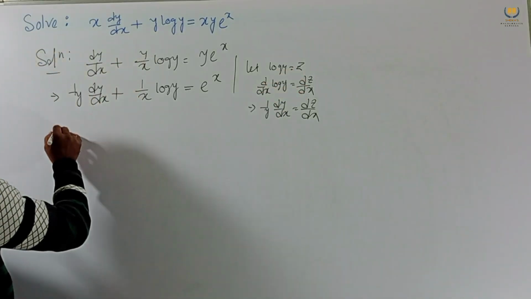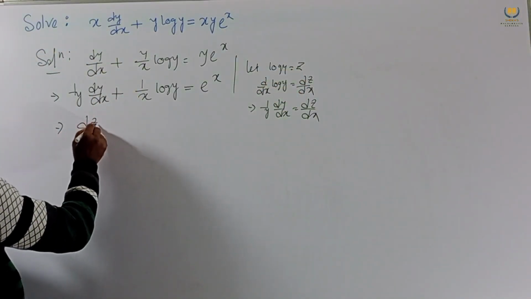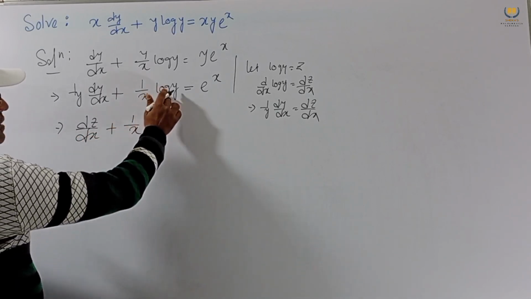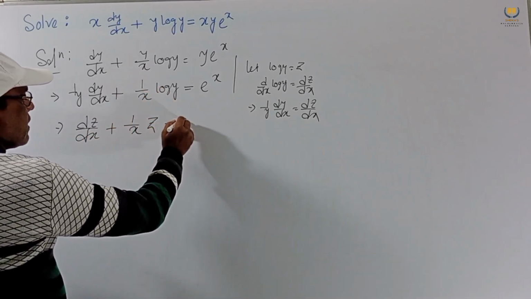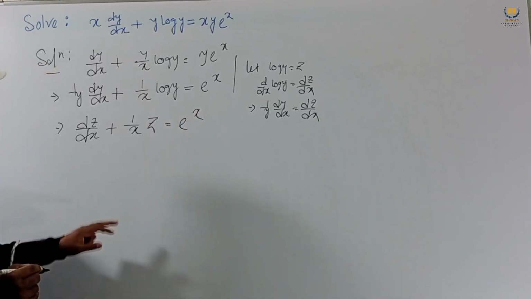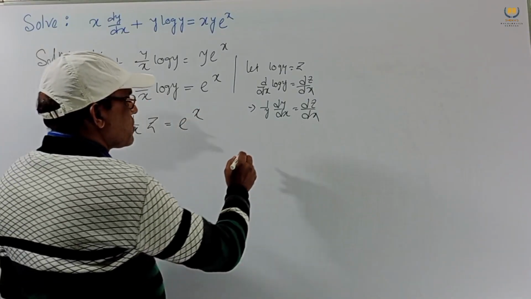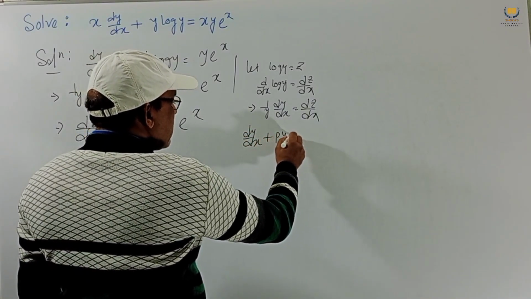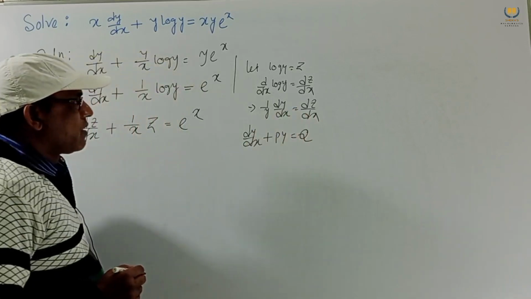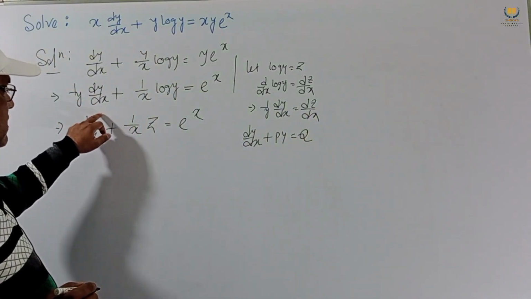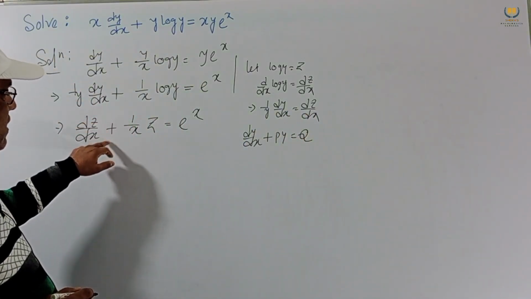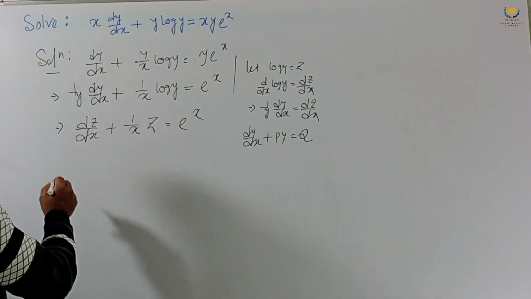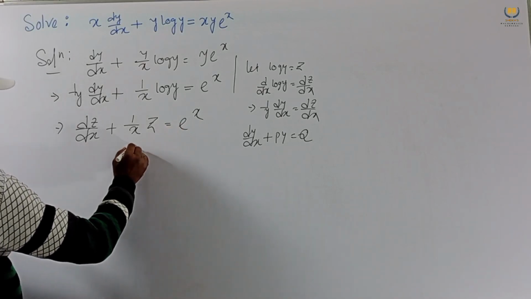So putting here, we get dz/dx plus 1 by x z equals e to the power x. Obviously this is a linear differential equation, because the linear differential equation is dy/dx plus Py equals Q. In place of y we get z, this is P and this is Q. So this is linear.